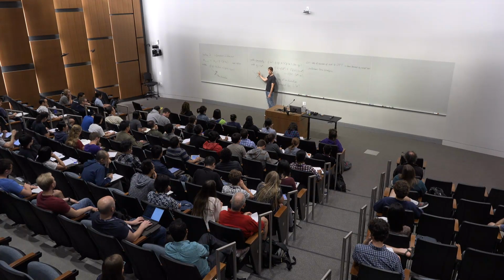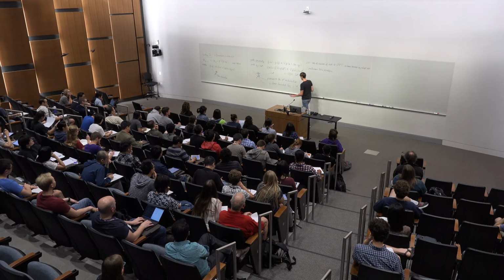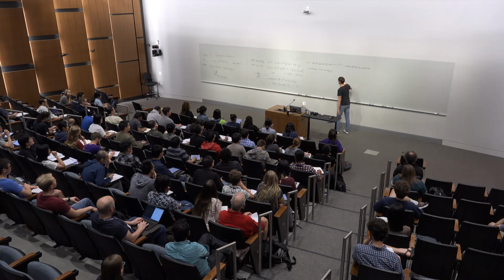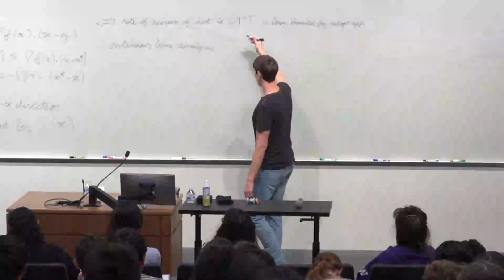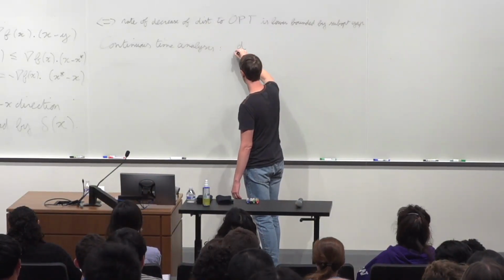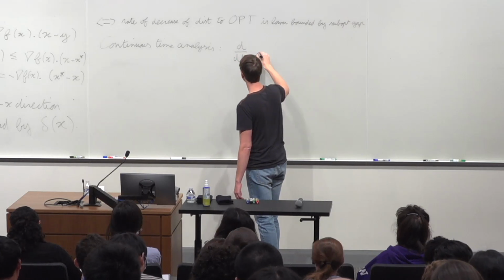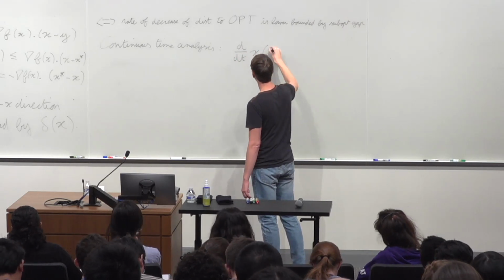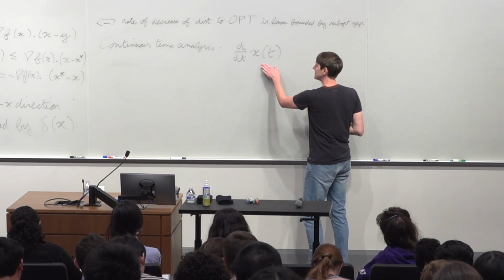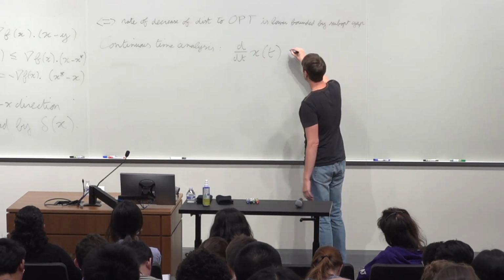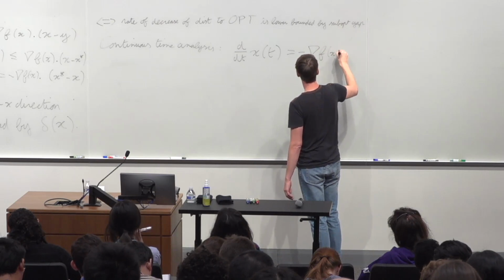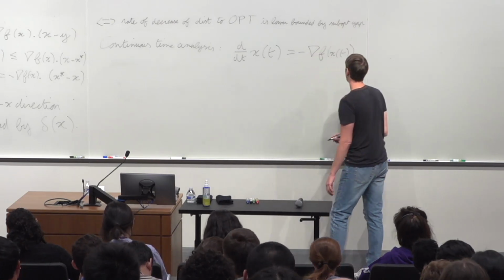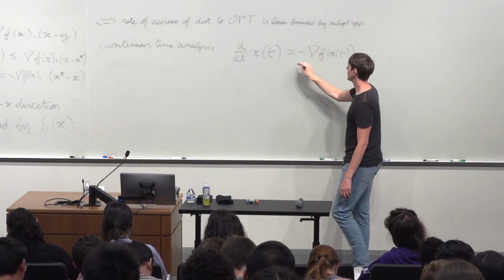I moved a little bit up from that. So you need to take care of that. I don't want to do that for now. So I'm really going to look at things in continuous time. Let me define a continuous time process by the following equation: d over dt of x of t is equal to minus grad f of x t. This is called the gradient flow.